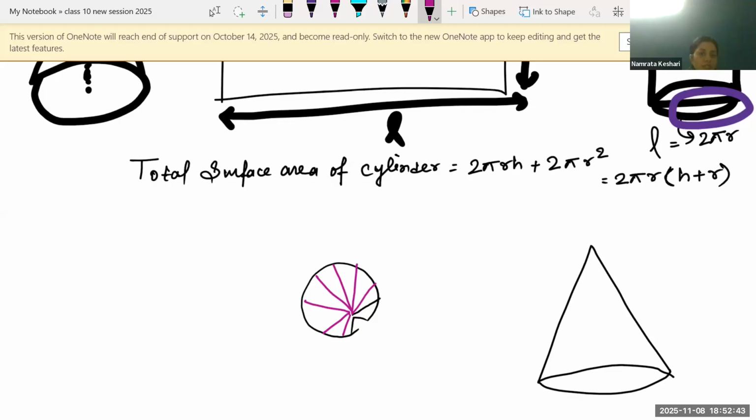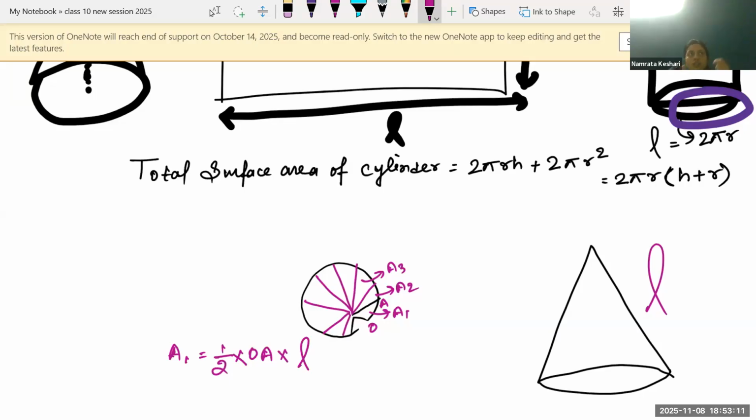You will be taking area 1 plus area 2 plus area 3, all the triangles' areas added. Everywhere the height of the triangle will be nothing but the slant height. So for area 1, it is 1 by 2 into base, say base OA, into height, which will be the slant height.